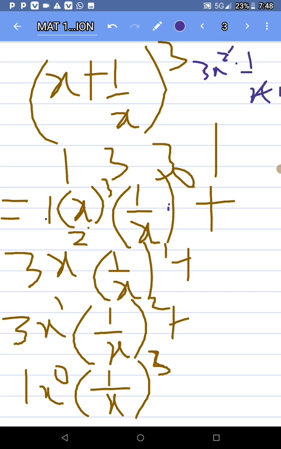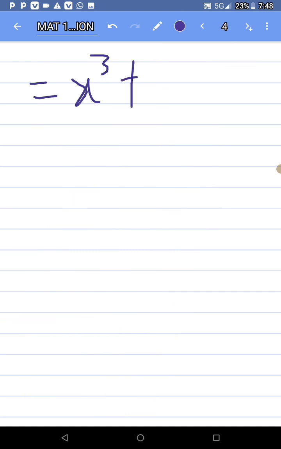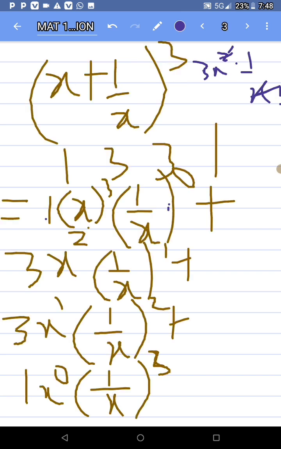One x cancels one x, so we are left with plus 3x. Now the next one: we have 3x times 1 over x squared.